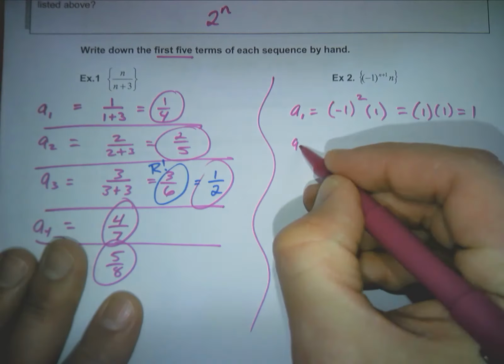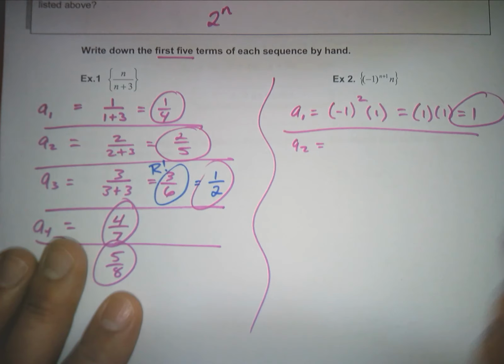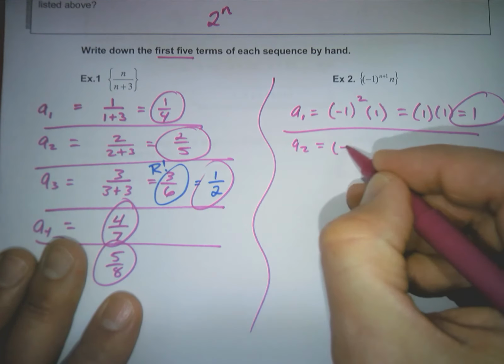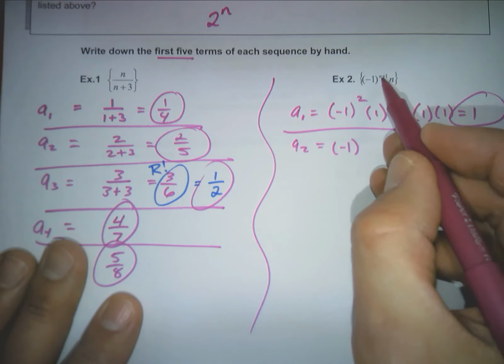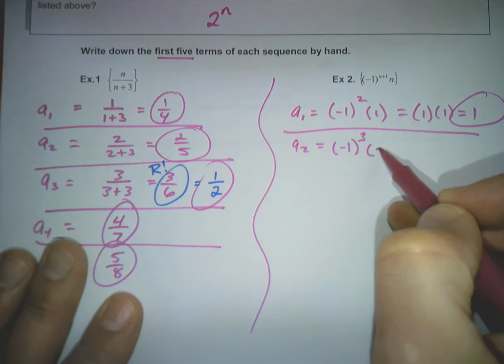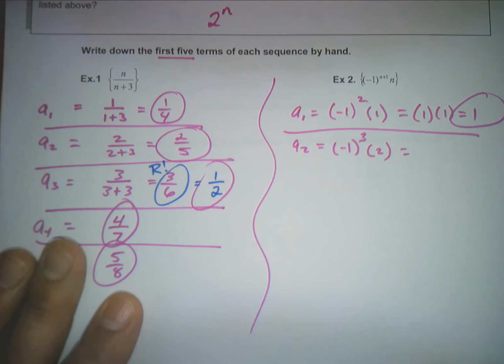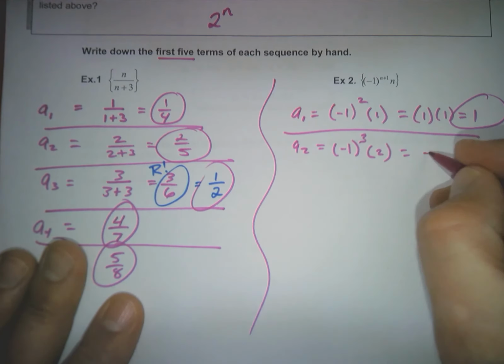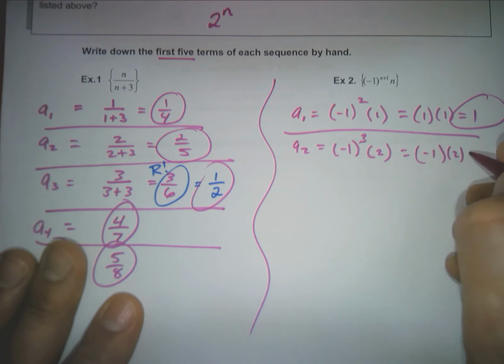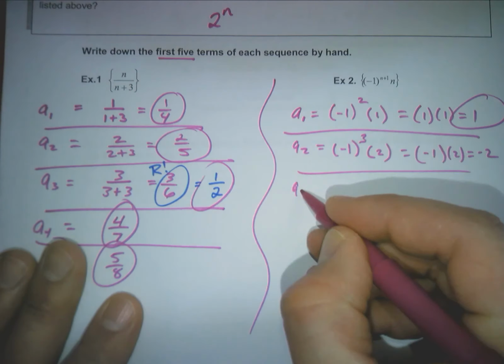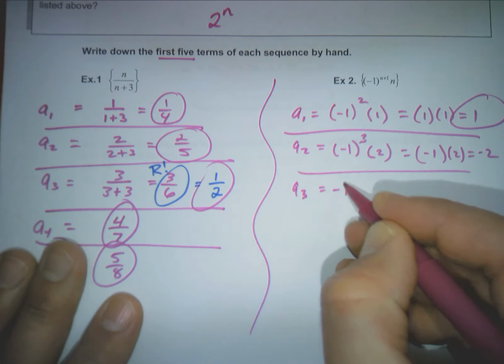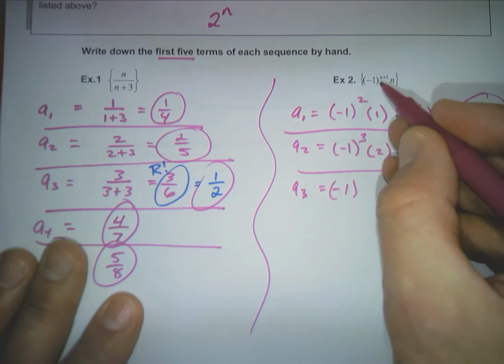And then I plug in 2. So now I got -1, plug in 2. 2 plus 1 is 3, and then times 2. And then when I take a negative and I raise it to an odd power, it's -1 times 2, and it's -2. And then if you need to, plug in the next one, but by this time you might even see what's going on. Plug in 3. 3 plus 1 is 4.